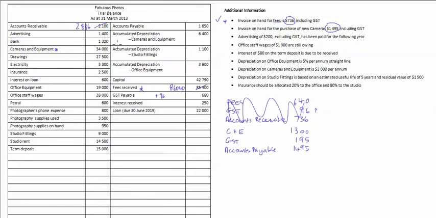So cameras and equipment is going to go up to 35,300. GST now is going to go down by 195. And accounts payable is going to increase by 1,495. So there it is there. Let's use that calculator again.